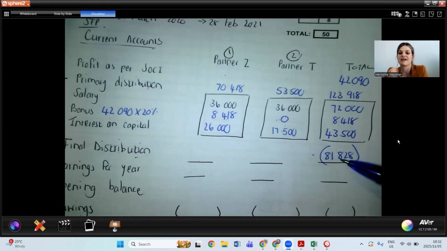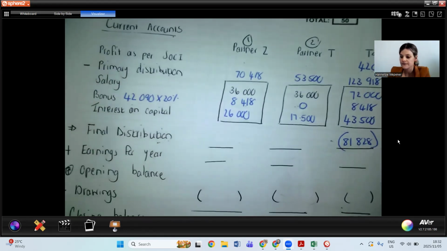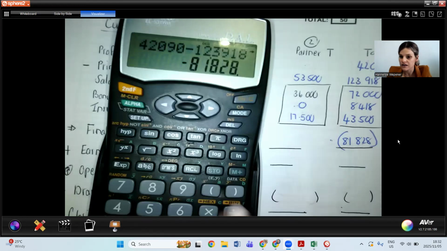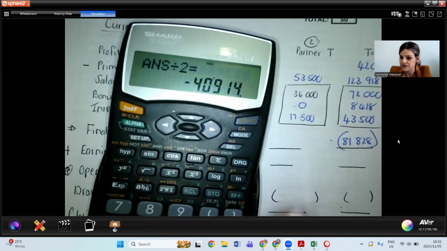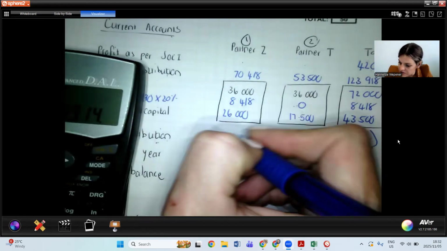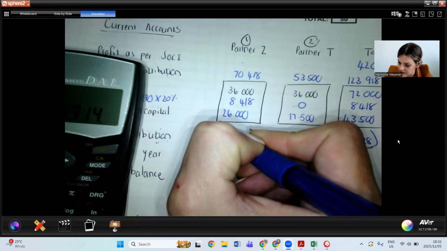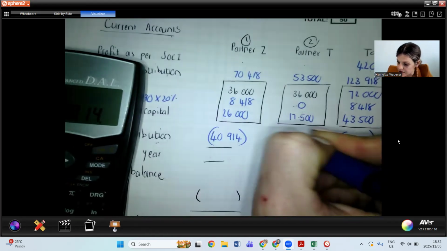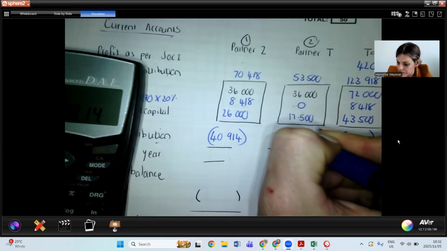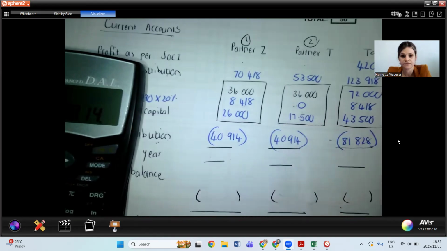You unfortunately have a loss that you are distributing, but luckily for them, they are sharing that equally, so divided by 2, so that both of them then get the same amount for their final distribution.